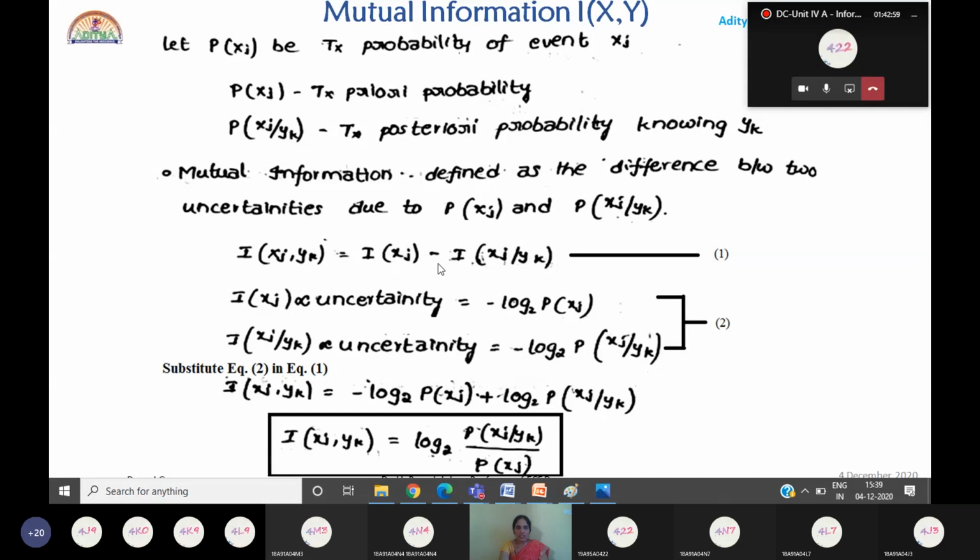Already you have a negative here and you have one more negative for the uncertainty, so minus of minus will be plus log p of xj by yk base 2. Now this is in the form of log a minus log b. So look, minus log a plus log b, and then it will be log b by a. So b is p of xj by yk divided by a, which is p of xj.